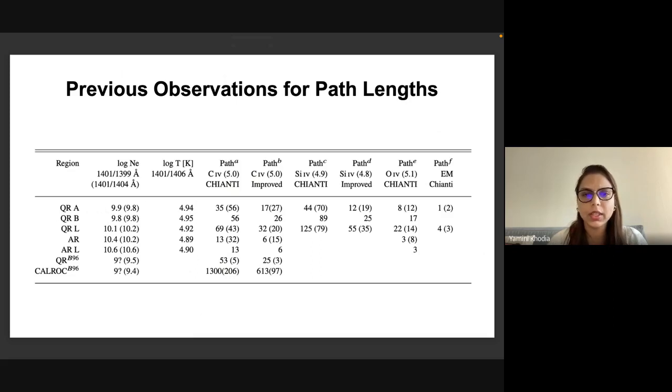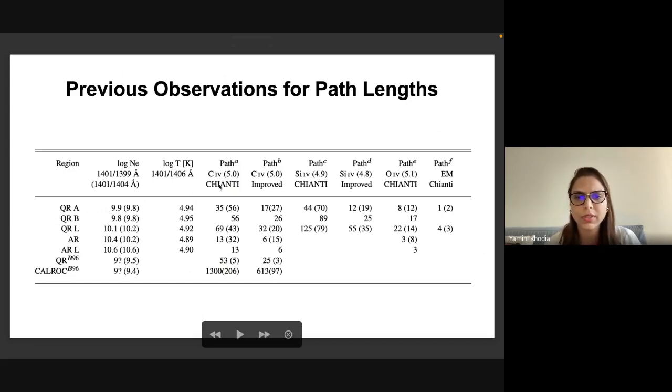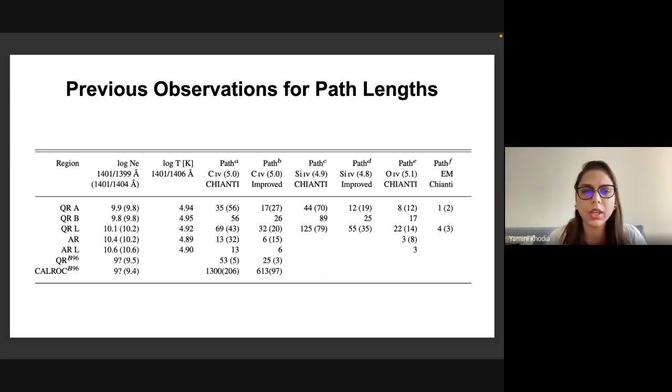As you see, the non-bracketed values are generally the 1401 by 1399 ratio, and the bracketed ones are the 1401 by 1404 ratio. In some of the columns, you see that the values vary quite a lot by using different oxygen 4 ratios.